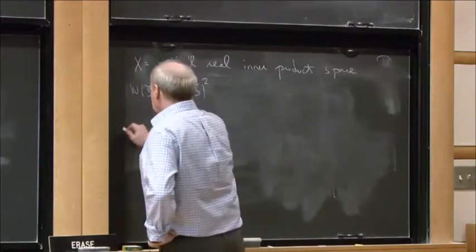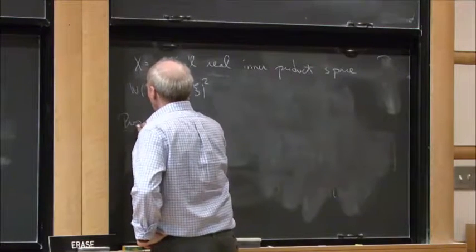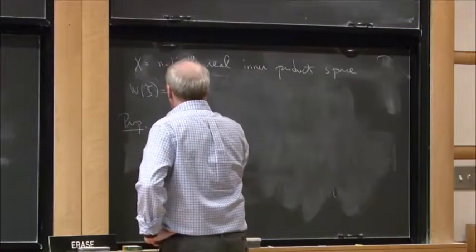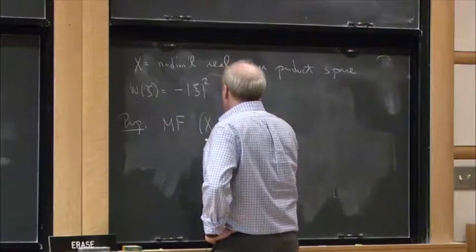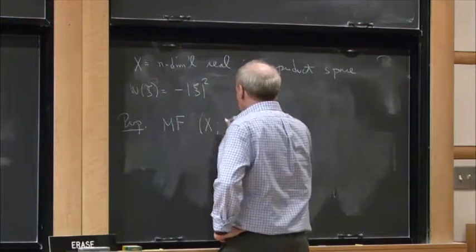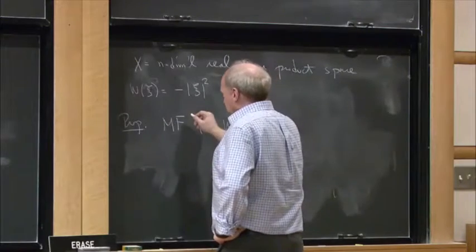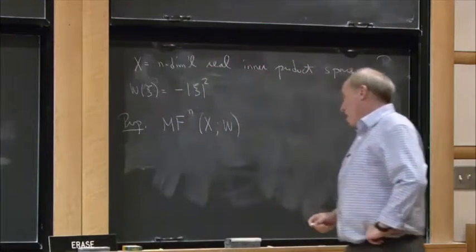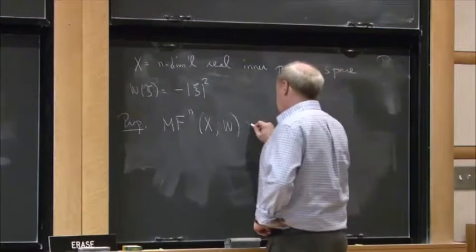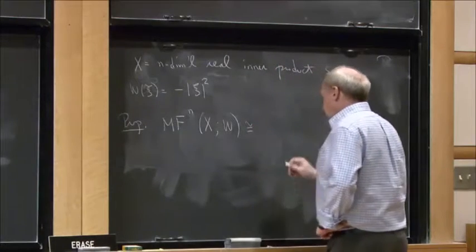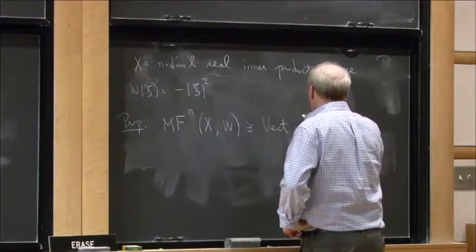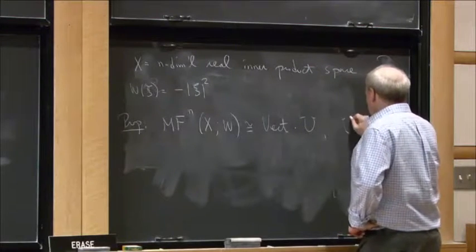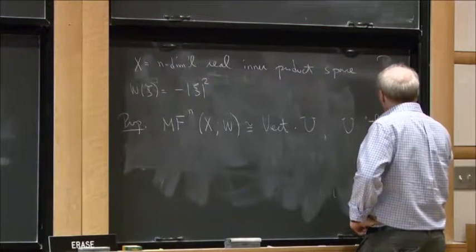And then the theorem is that the matrix factorization category, in this case, for X with this quadratic superpotential W, and we actually have to shift degrees, is actually just the free category on one generator U, where U is a kind of Thom class.